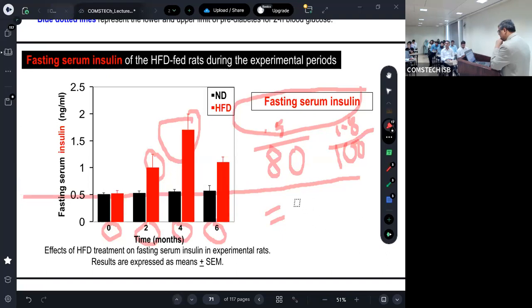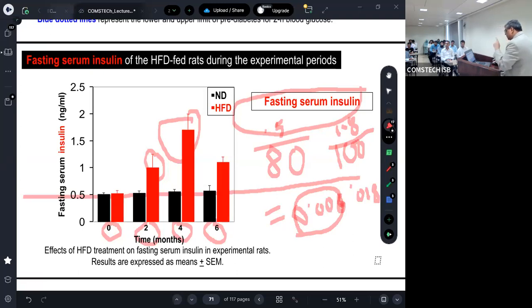What is the result here? 0.006 for normal. Here 0.018. Just remember this thing, 0.006.